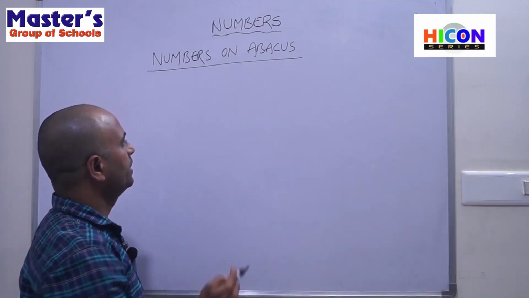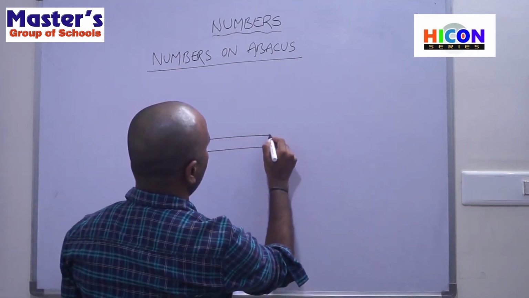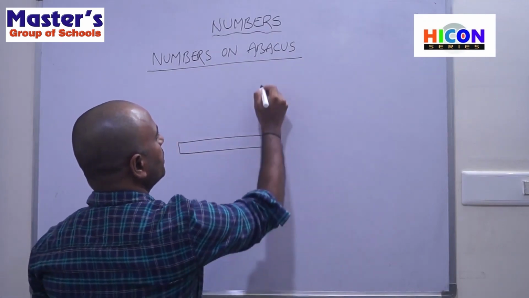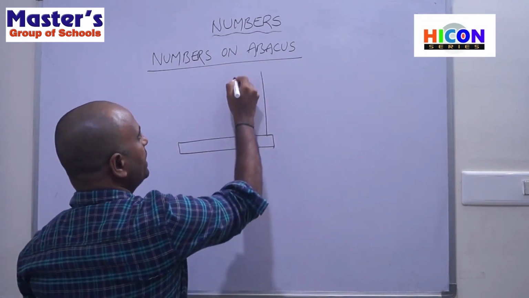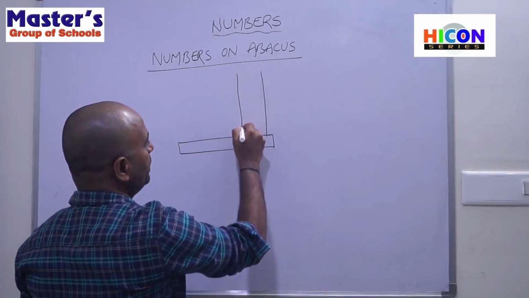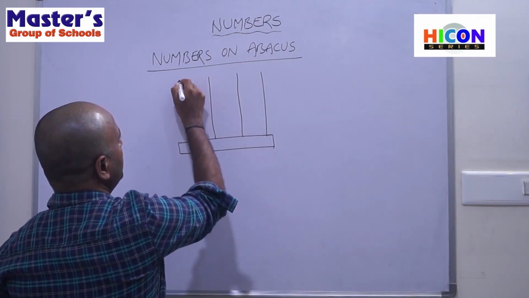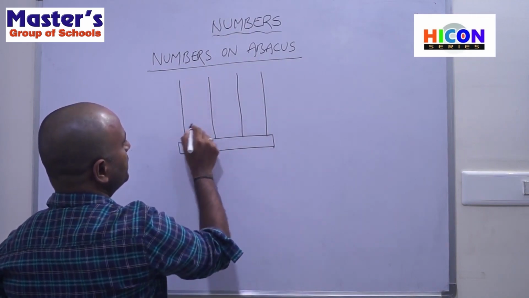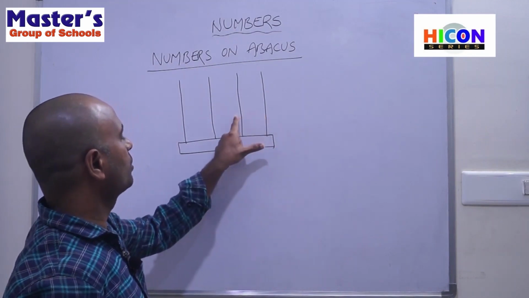So generally in abacus there will be sticks or rods. Here the rods represent places. So for each place there will be one rod or one stick. So here there are 4 rods.